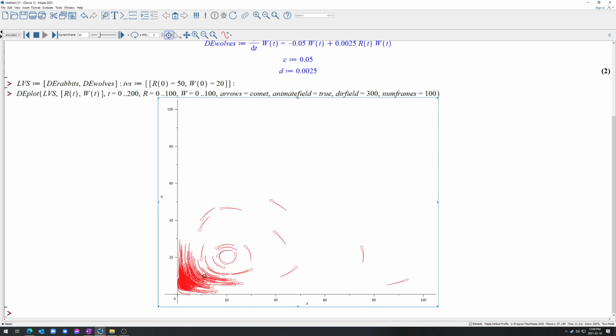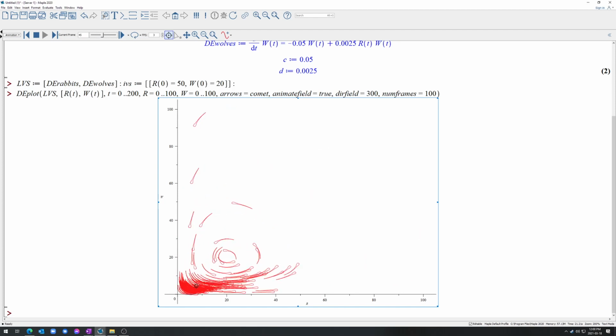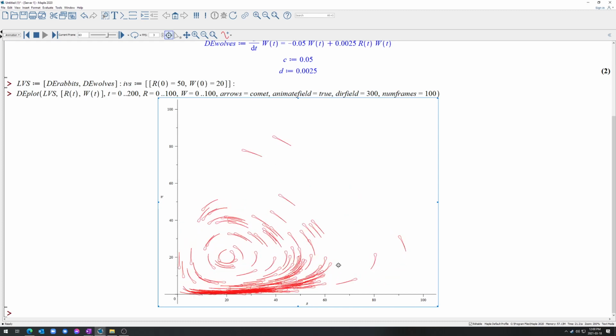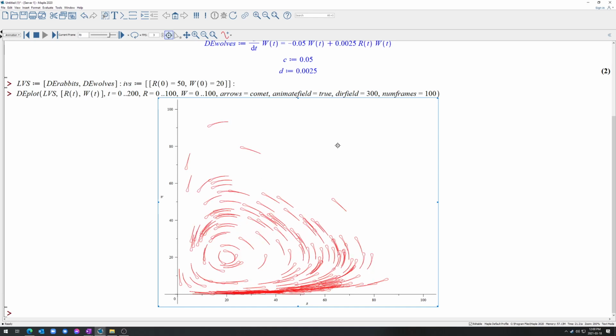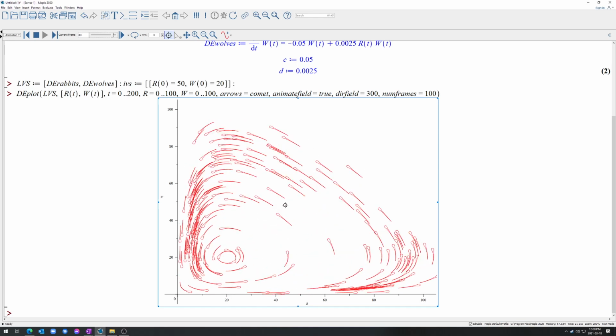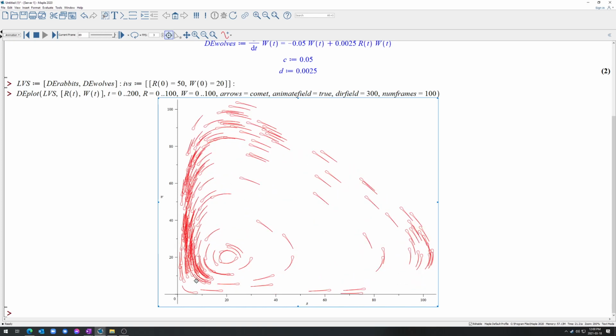And this is going along with equally spaced intervals of time. But eventually the rabbit population starts to come back again, and so do the wolves. And we're kind of back out here in this open area until we start getting lots of both populations again, and the cycle repeats.